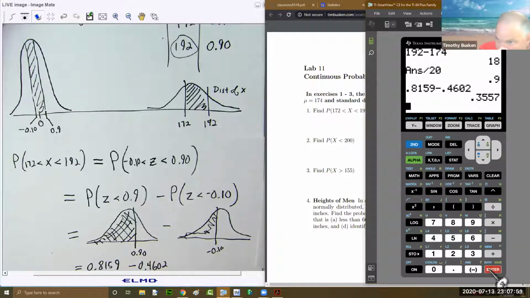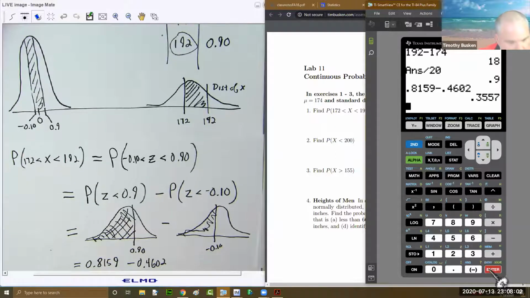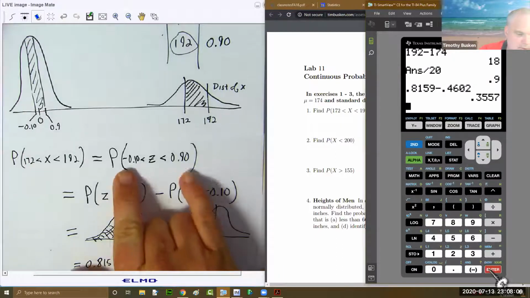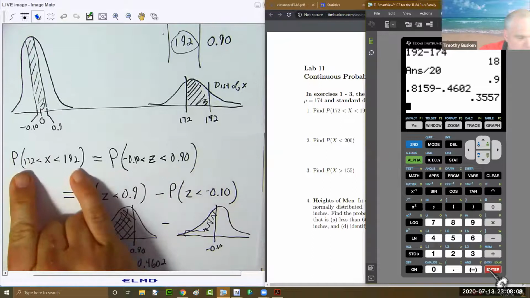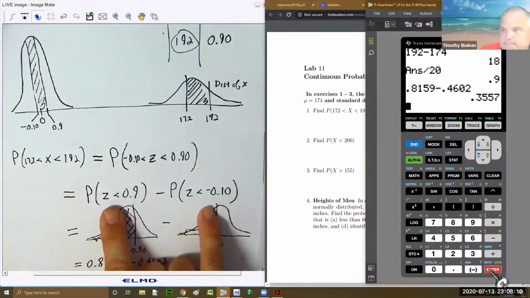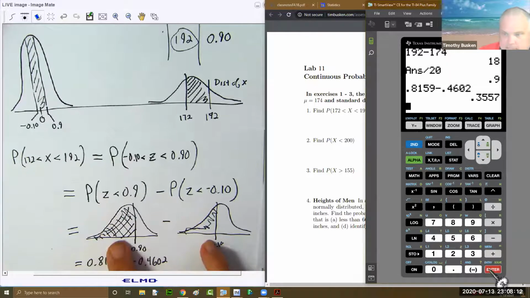Before we had calculators and computers, statisticians had to use the Z table to find probabilities for a normally distributed random variable. This is how they did it: they found the z-scores of their endpoints, looked up the cumulative areas, and subtracted them.